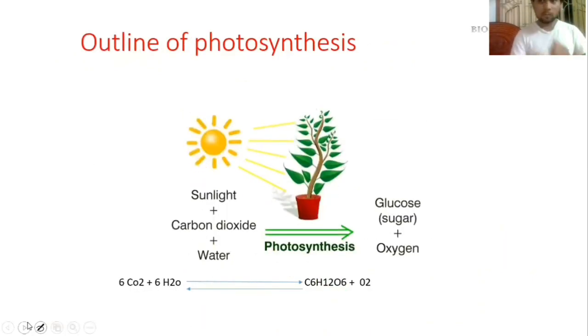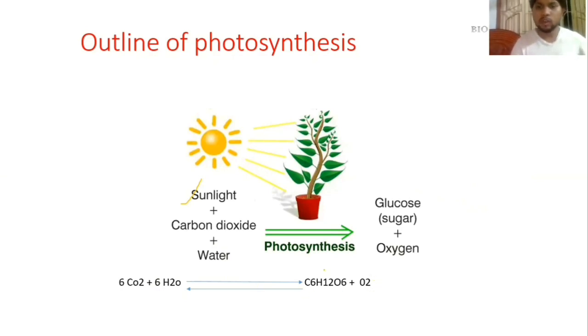Here is the outline of photosynthesis, where sunlight, carbon dioxide and water are used. These three things are the essential requirements for the photosynthesis process, and together they make glucose, sugar and oxygen. In this reaction, 6 molecules of carbon dioxide and 6 molecules of water together produce glucose plus oxygen.